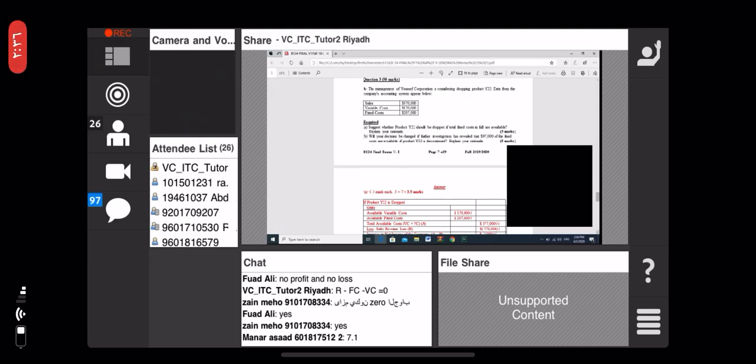For required A, he said the fixed cost is fully avoidable, so we will select avoidable cost. We know variable cost is definitely avoidable cost.